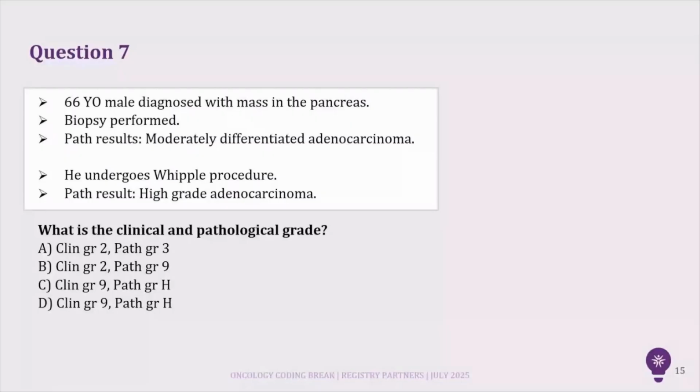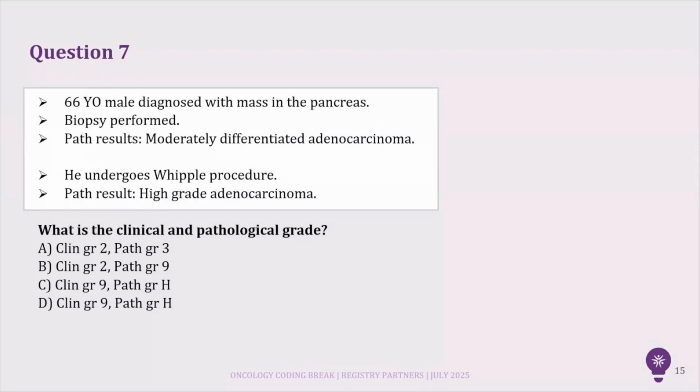Okay, we'll give you a little bit more time. Okay, we are pretty split between A and B. So let's look at this one.